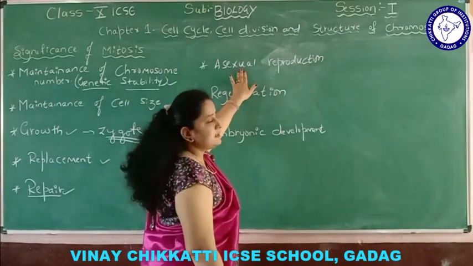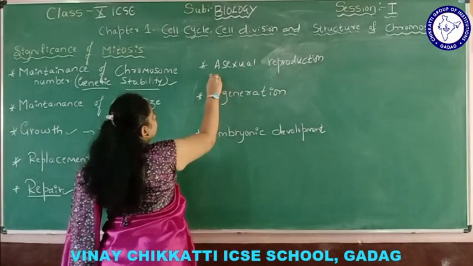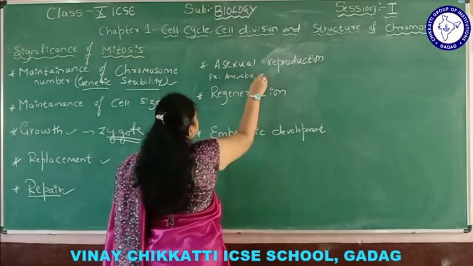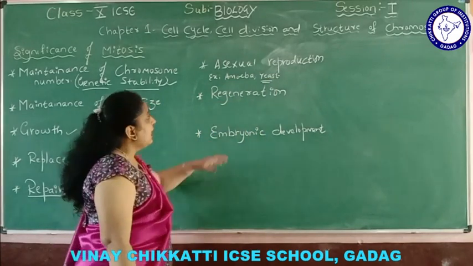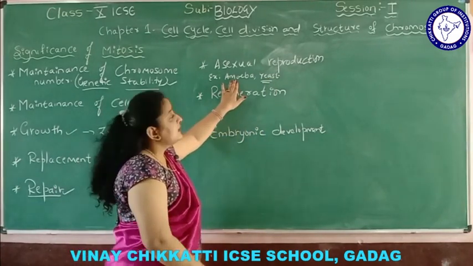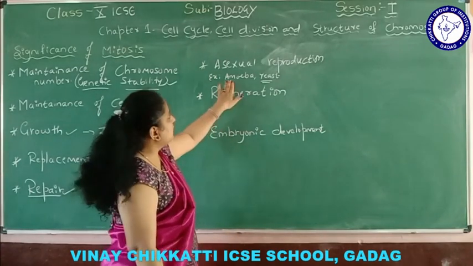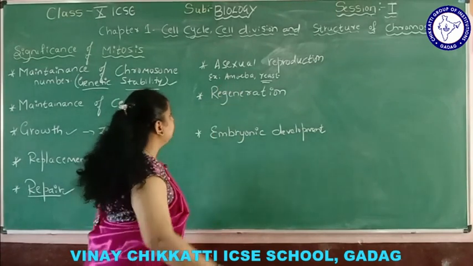The single organism is producing the offspring. For example, amoeba, yeast, etc. They reproduce by asexual reproduction. And in these unicellular organisms, cell division itself is a mode of reproduction. So here also mitosis takes place, the cell divides and the new generation is produced.